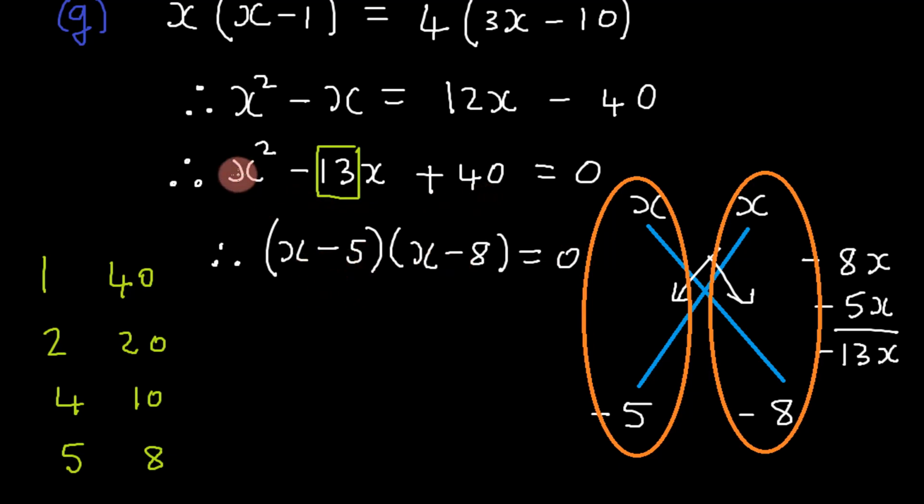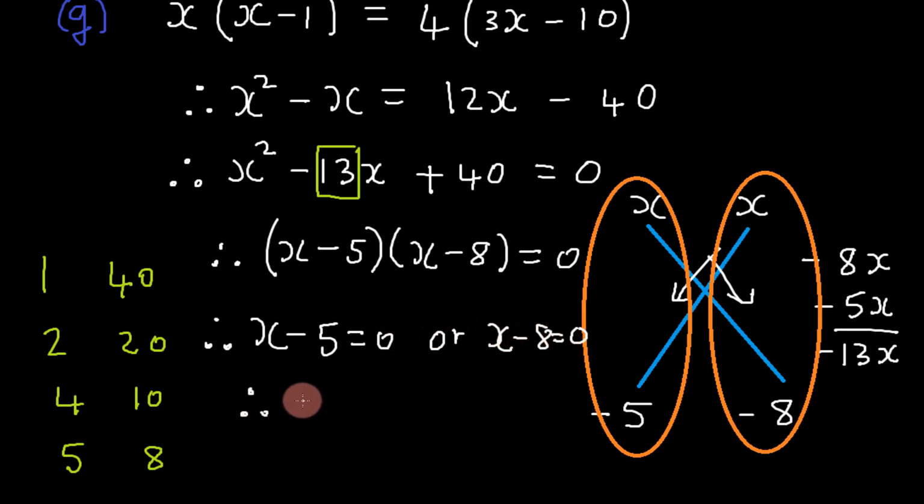X times x is x squared. Negative 5 times negative 8 is positive 40. Then our middle term will be negative 5x minus 8x, which is negative 13x. Using the zero product rule, and solving for x, x is 5 or x is 8.